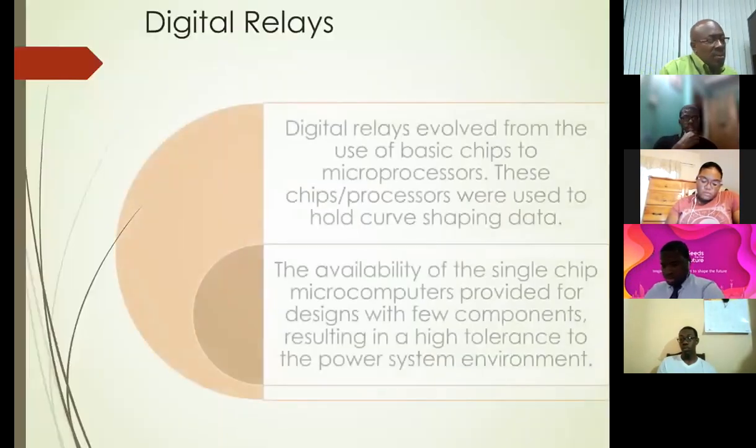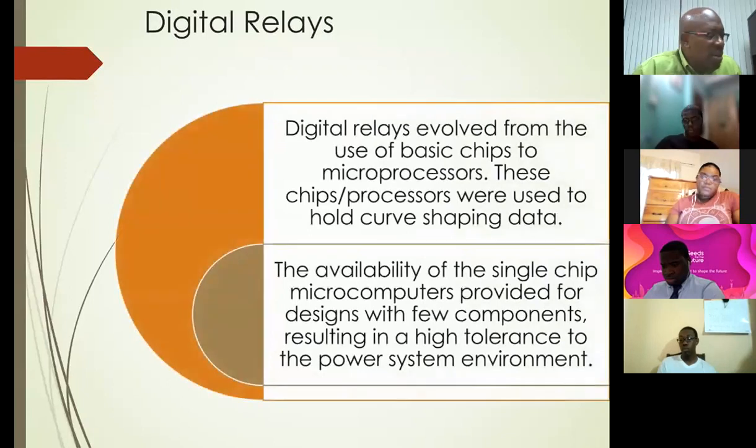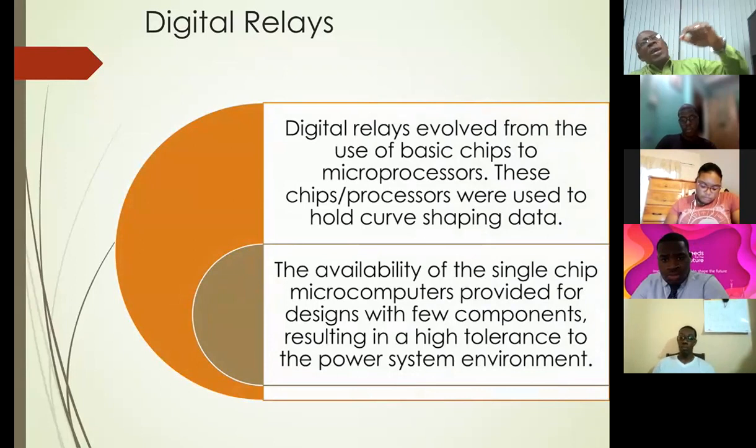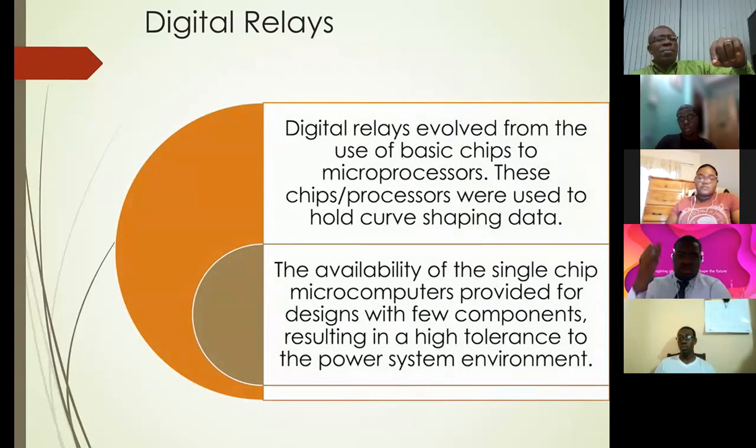So thirdly, we talk now about the digital relays. As you'd expect, we are now dealing with chips, microprocessors. And in the same way, we have your curve shaping circuits.